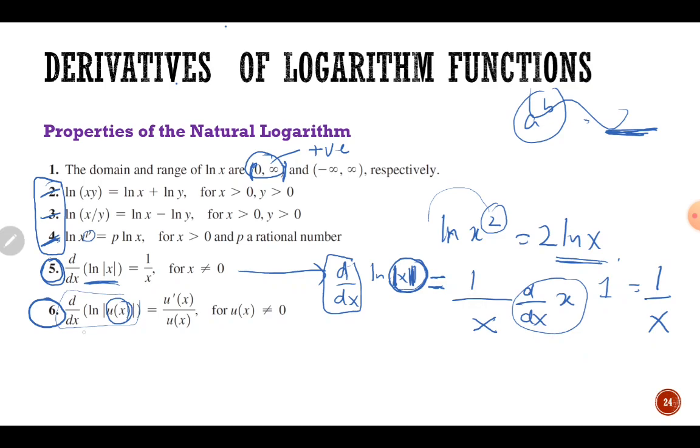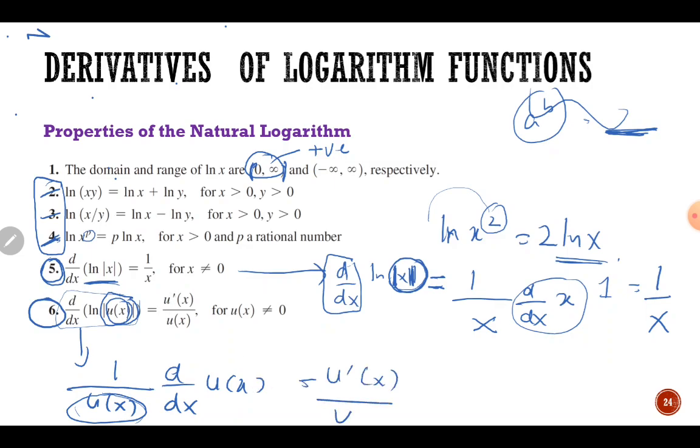So dia punya derivative dia menjadi 1 over u(x), maknanya whatever dalam ln ni, 1 over benda tu, dan darab dengan the derivative of apa yang you letak kat bawah tu, of u(x). So that's why here dia jadilah u prime x over u(x). U prime x ni adalah the derivative of u(x).